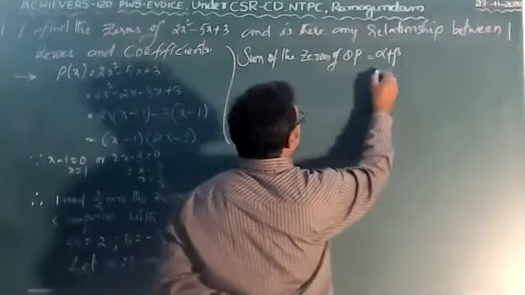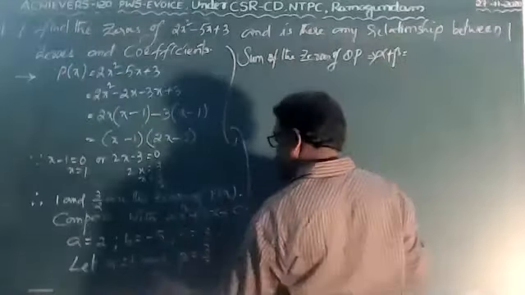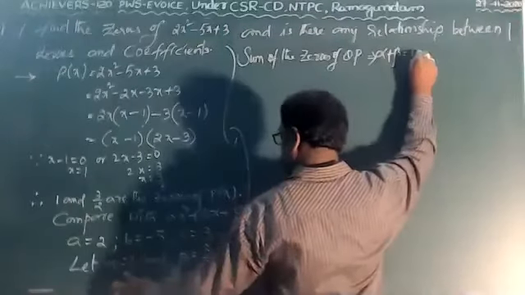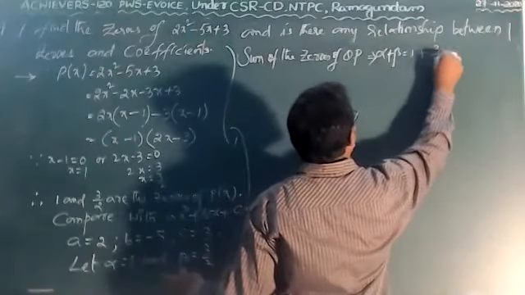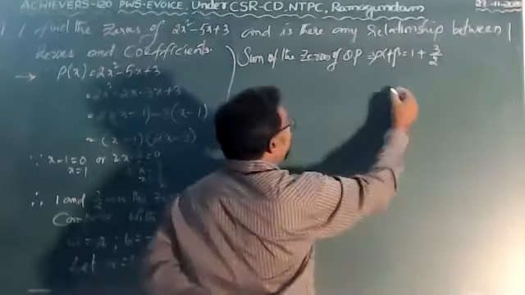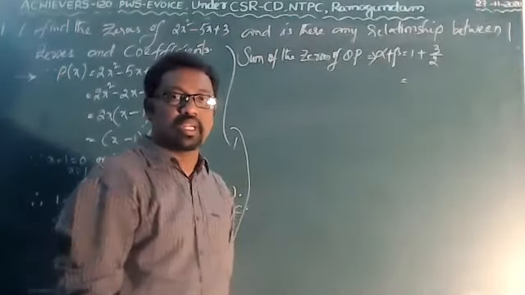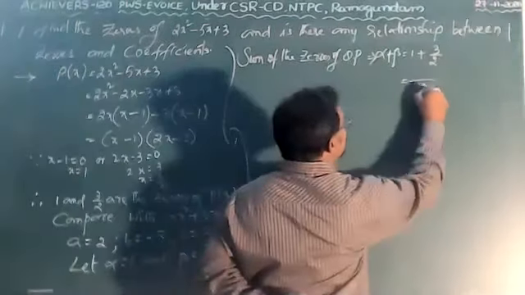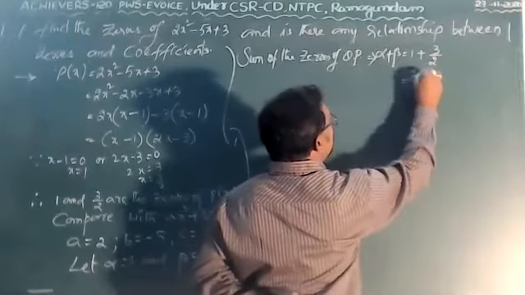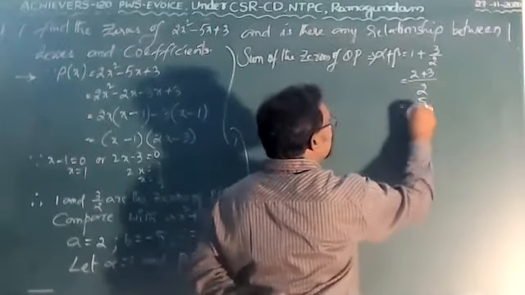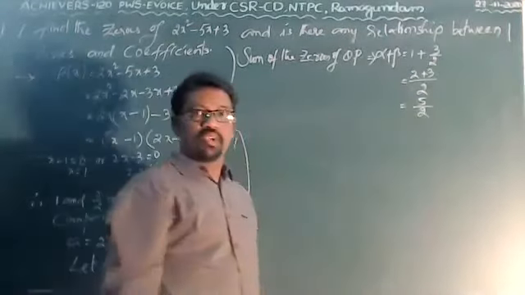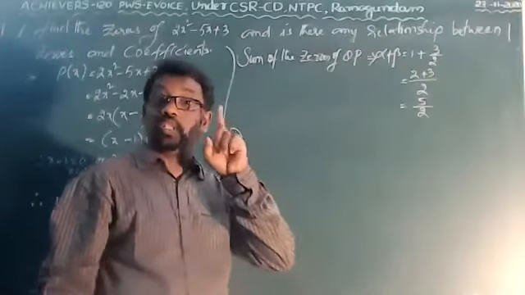What is alpha? 1. What is beta? 3 by 2. I hope you people know LCM, isn't it? Here you have to use it. What is the LCM? 2. 2 ones are 2 plus 3, how much? 5 by 2.